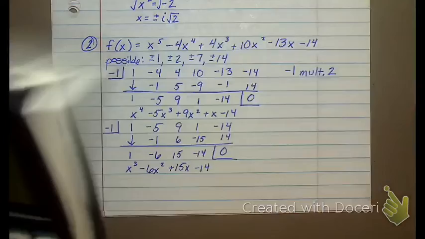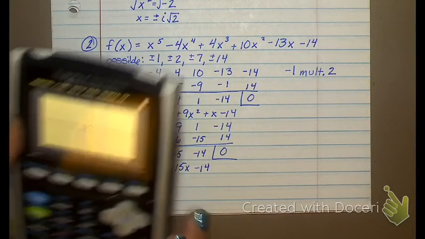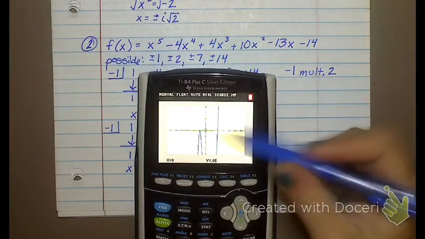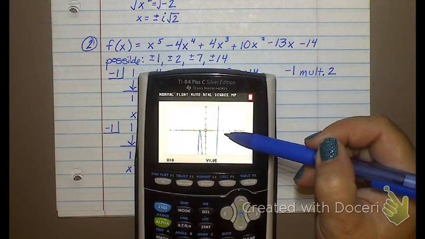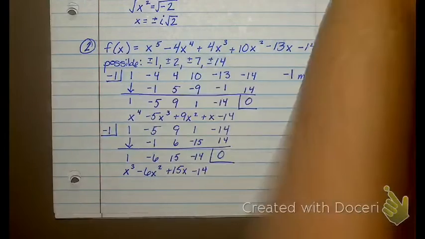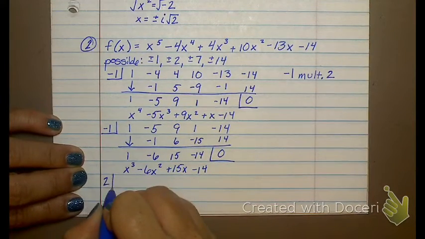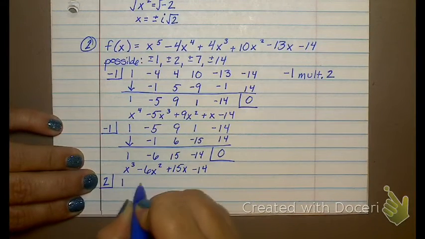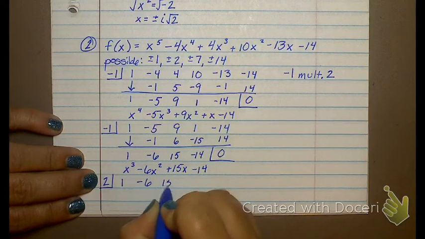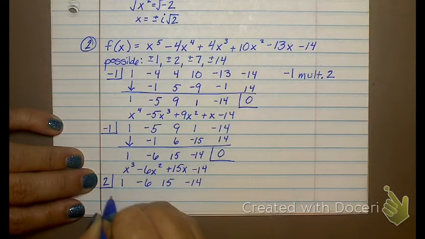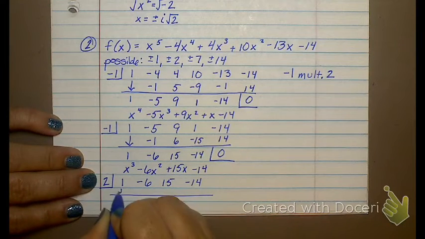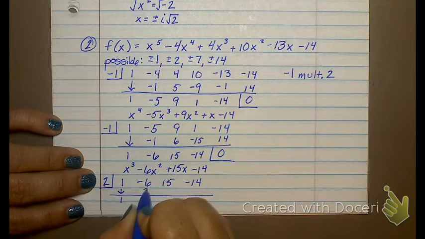Let's go back to my picture and see what we think this point is that it's crossing at. 2. Let's try 2. So let's see, I'm running out of room here. But if I try 2 as my box number, I'm going to have 1, negative 6, 15, and negative 14. Bring down my 1. 2 times 1 is 2.